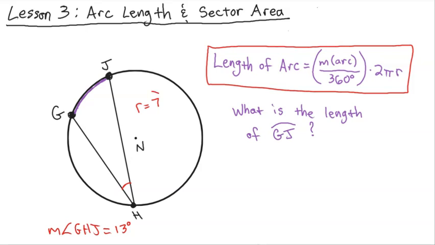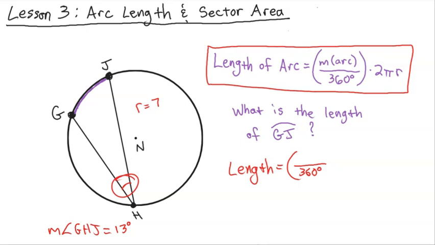It's the same circle we've been dealing with, so it still has a radius of 7. And so the length of this is going to be equal to the degree measure of GJ divided by 360. Well, what is the degree measure of this arc?